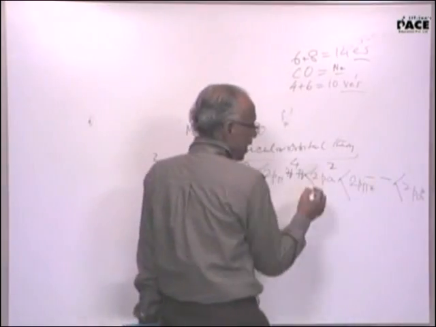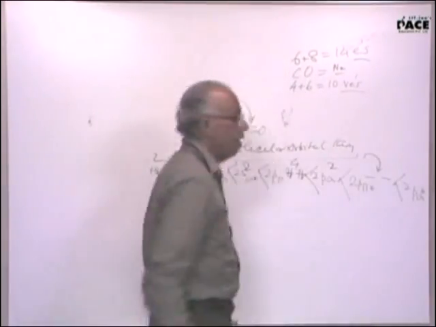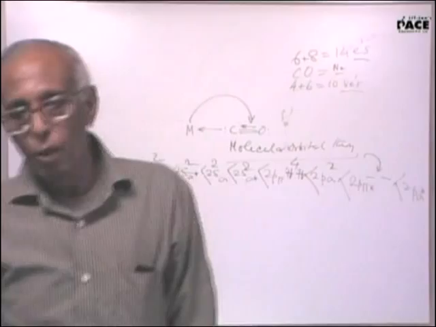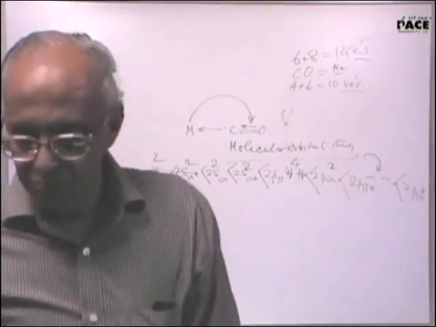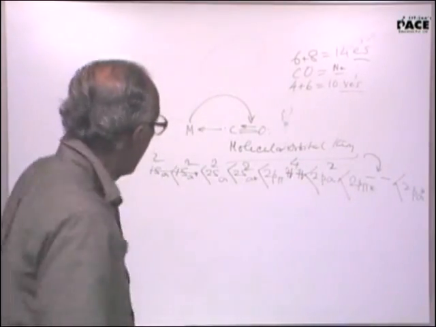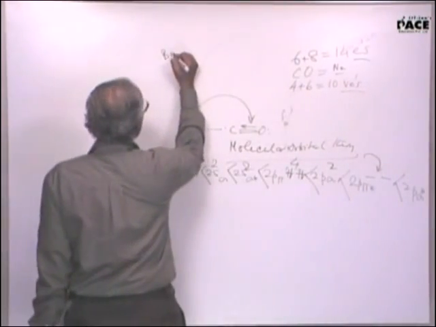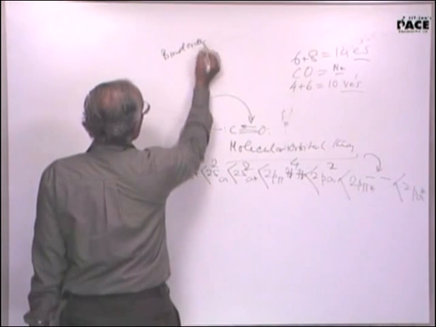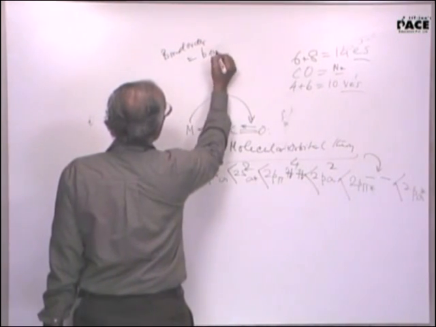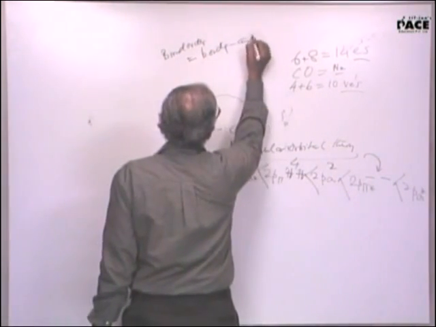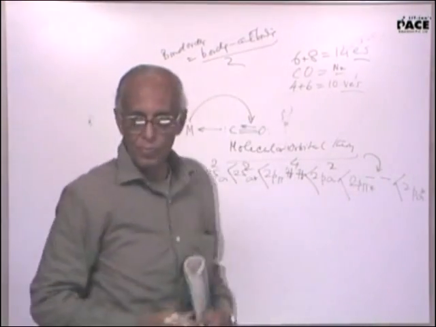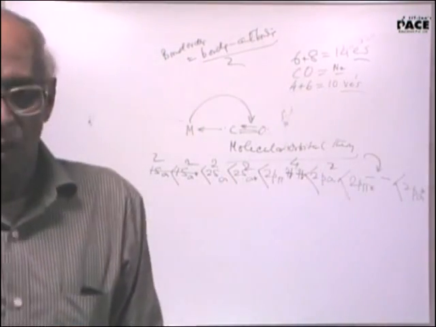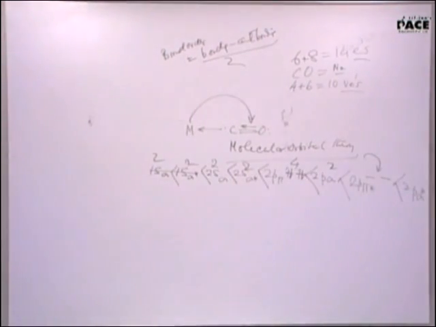So the metal electron will enter into the antibonding orbital. Star means antibonding. Now bond order. Bond order is bonding minus antibonding by 2, which is 3.